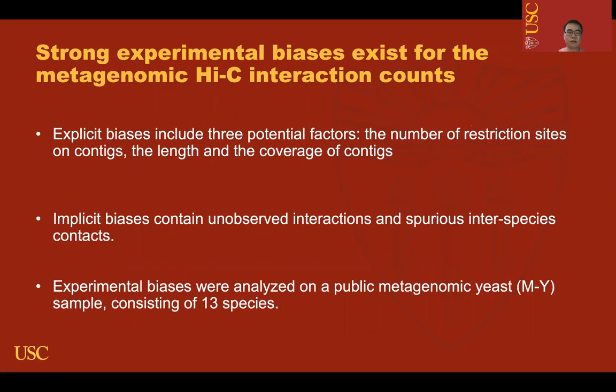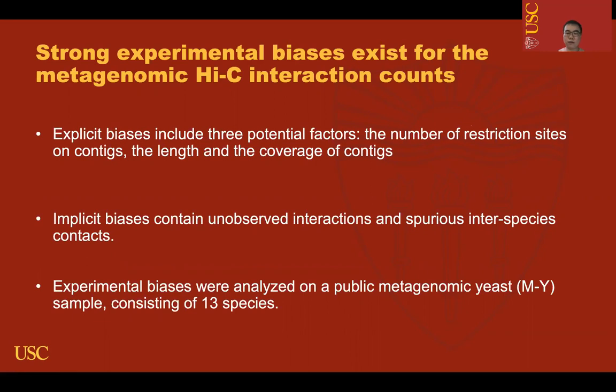However, there exist strong experimental biases for the number of Hi-C interactions between contigs. Here we report on two types of biases with substantial influences on metagenomic Hi-C contact counts: the explicit biases and implicit biases.